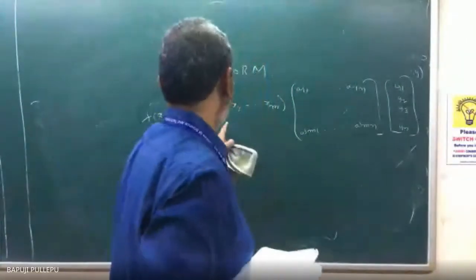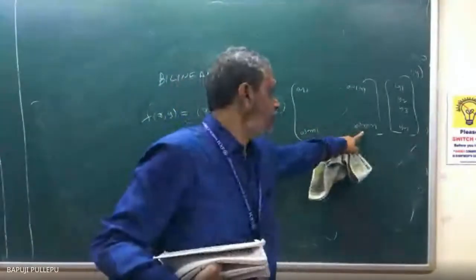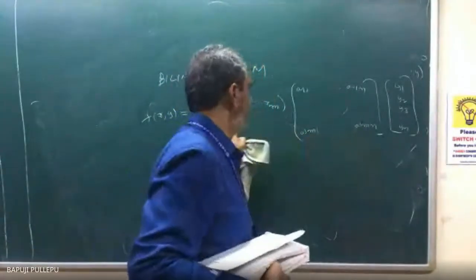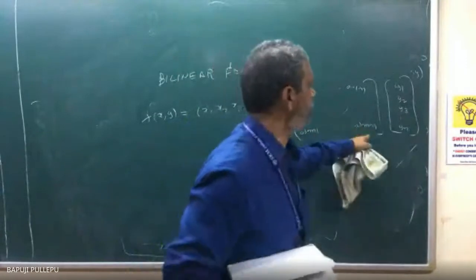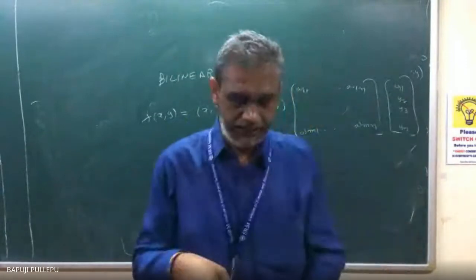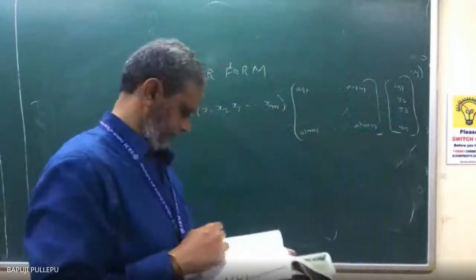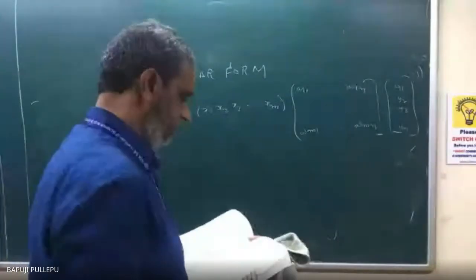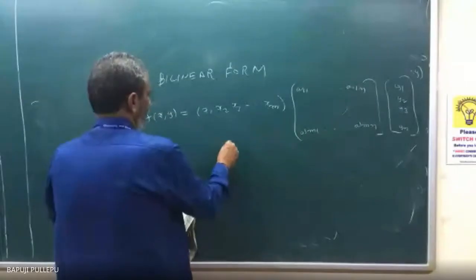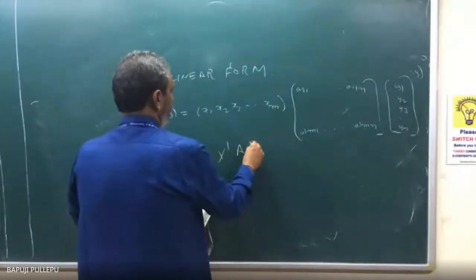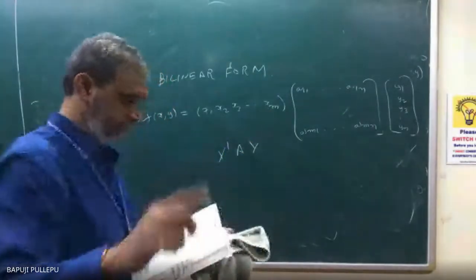So here, how many rows in my A matrix, that many x you can take. How many columns are there, that many y you can take. Then the matrix you can form. Yes, sir. This they may write as x dash A y. One is a row matrix, one is a column matrix.